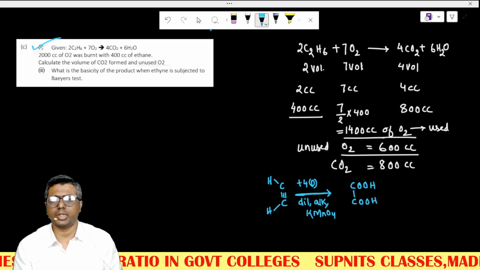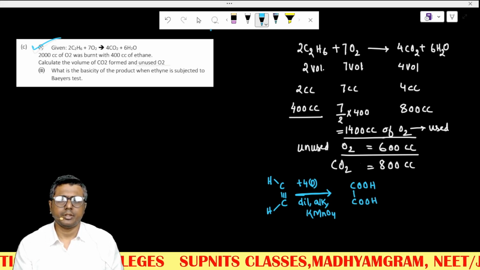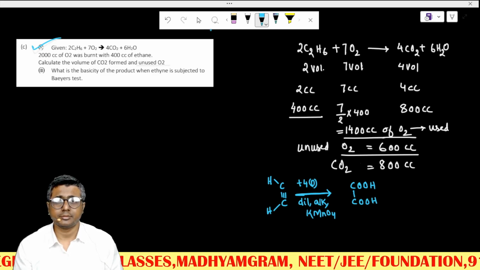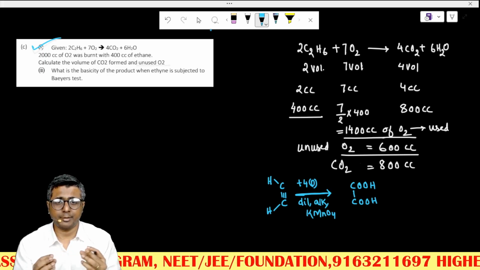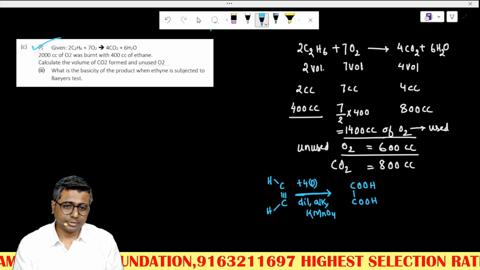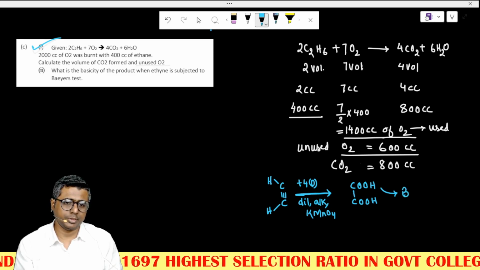This is oxalic acid. It is a simple oxidation reaction. So what is the basicity of the product? What is basicity? This is a mixed question, organic chemistry plus acids, bases and salts. I have mixed this up. Good question, right? Here there are two ionizable hydrogens, so the basicity will be 2.